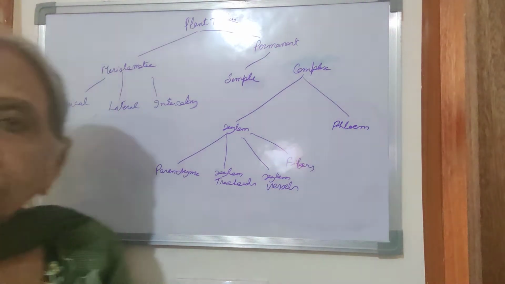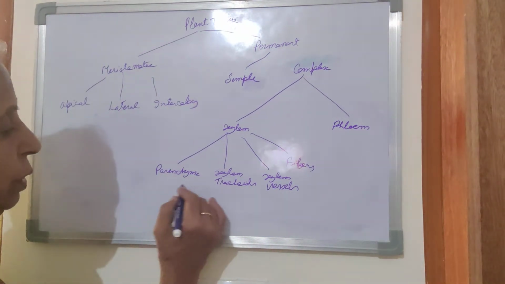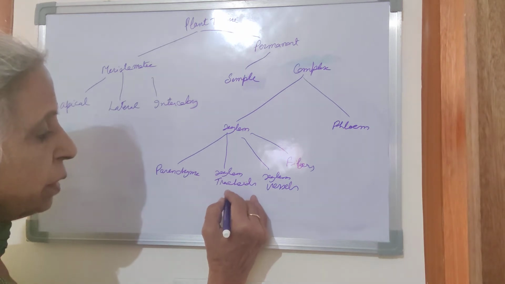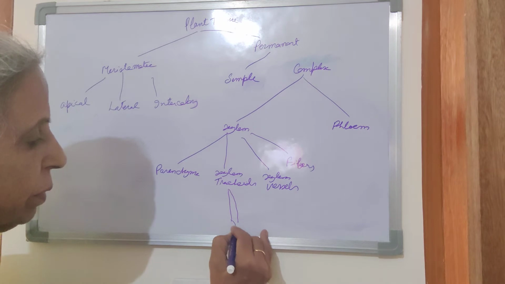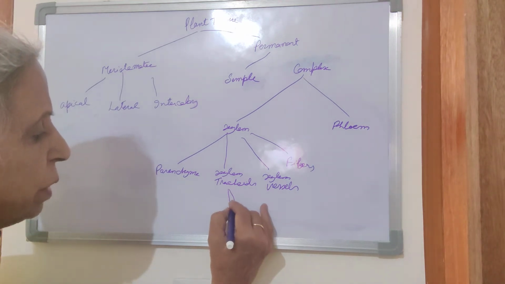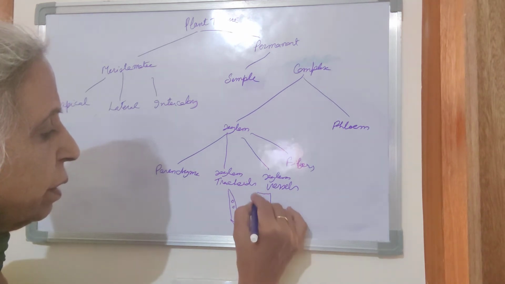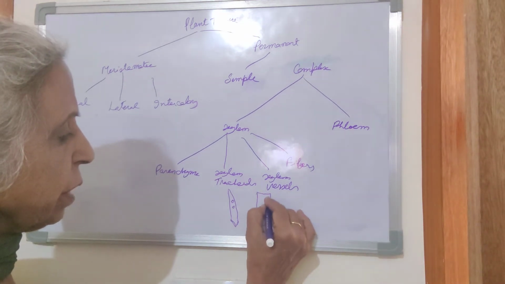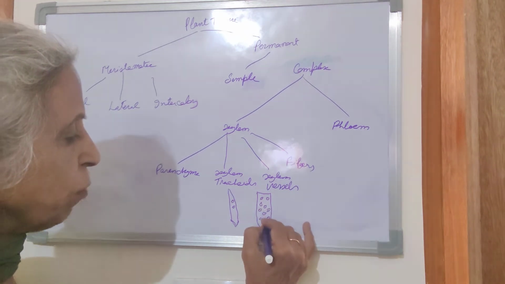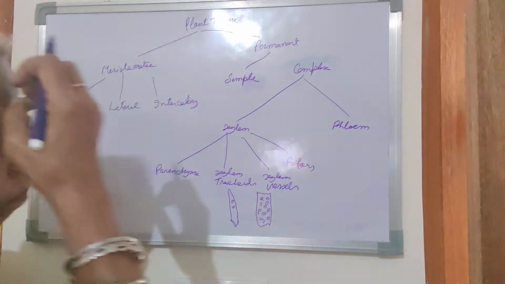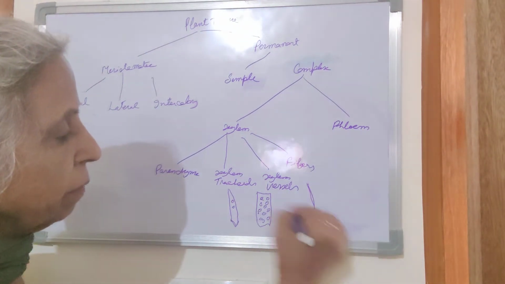Xylem tracheids are tubular structures. They are primitive sometimes and have very small pits. But xylem vessels are also tubular structures. They have very numerous pits. These perforations are called pits. Xylem fibers are simple, made of sclerenchyma.